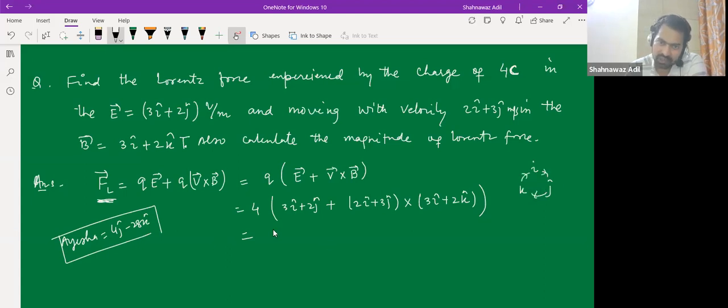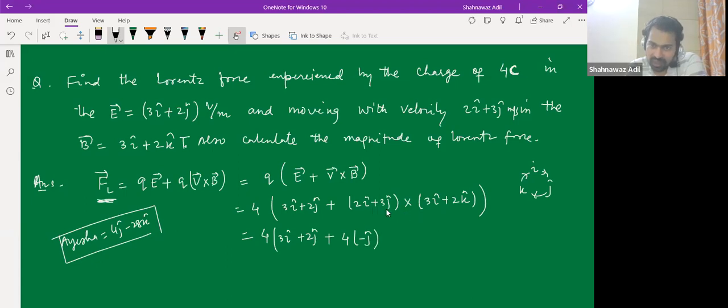In this way, it is easy. So this is 4 times 3I plus 2J, and then this is 2I cross 3I. So I cross I is 0. Now we have 2I and 2K. So that is 4, and I cross K, that is minus J.